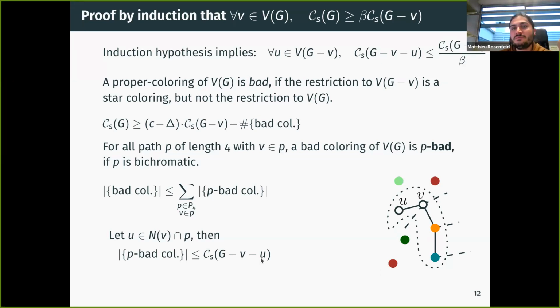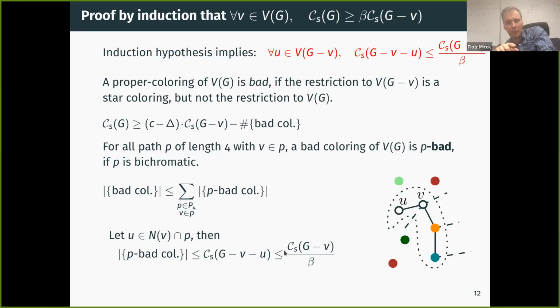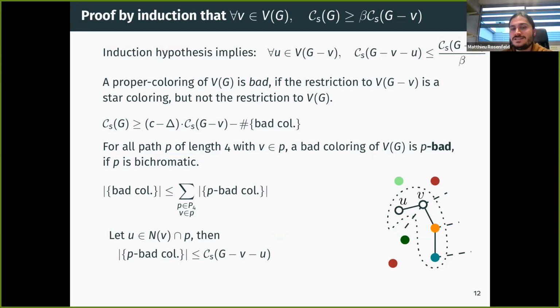Now I can use my induction hypothesis. Sorry, this is really an inequality, because not all proper colorings of the graph without V and U give you a P-bad coloring, because maybe the yellow and blue, if you repeat it, it's not proper, right? So that's why it's this inequality. In most cases, it's going to be strict.